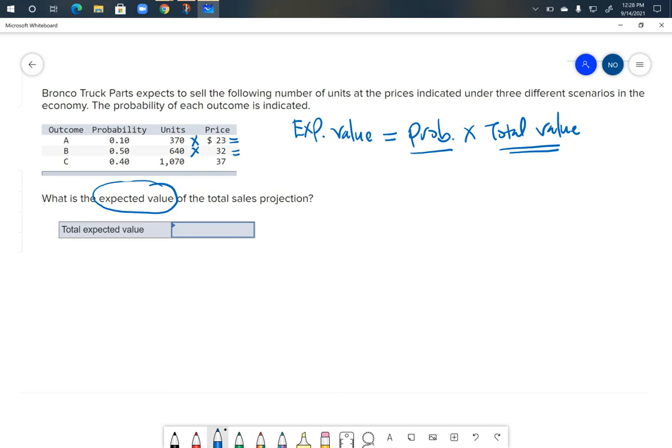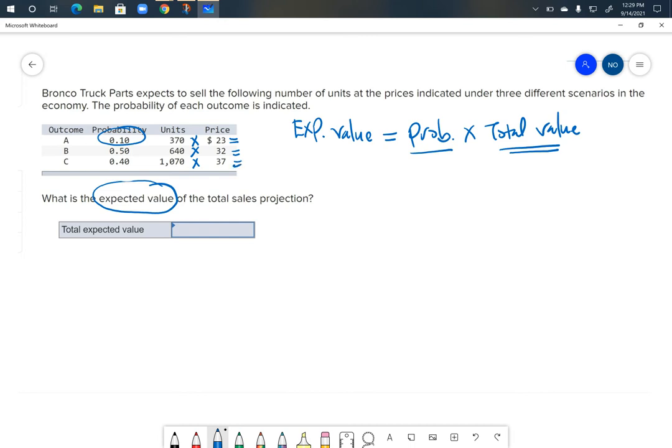Again, we'll have a value, and we do the same thing if the outcome is C. And then we just have to multiply each total value with its related probability, and then we sum everything together, and that will give us our total expected value. So simply again, if you have a calculator, you can walk with me through this.